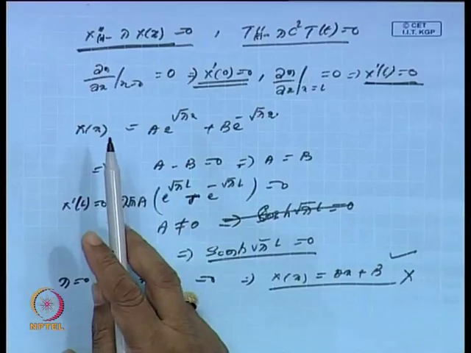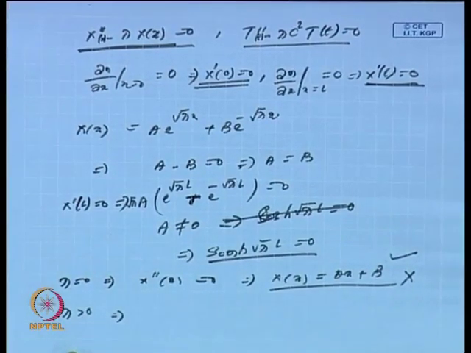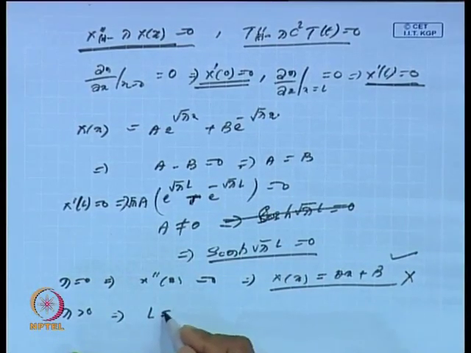On the other hand, if lambda is greater than 0, that means sin hyperbolic root lambda L is 0, and so if lambda is greater than 0, that means L has to be 0, but L is non-zero.